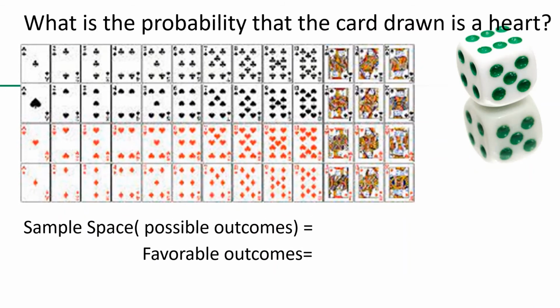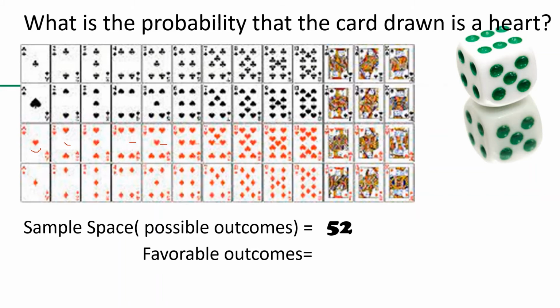What is the probability that the card drawn is a heart? Okay, so from the deck of cards, still we have 52 sample space. So ilan ang favorable outcomes natin? Pag sinabi nating heart, okay, so ito yung mga yun. We have 1, 2, 3, 4, 5, 6, 7, 8, 9, 10, 11, 12, and 13.